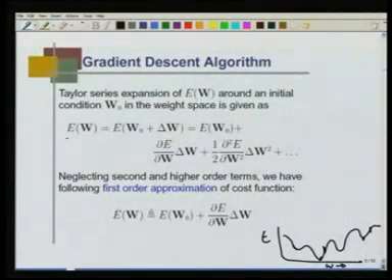So, what does gradient descent do? Let us think about the function that we are trying to minimize, E(W), the error function. If I expand this error function around W naught, some initial point, and do a Taylor series expansion, then you see E(W naught) plus del E by del W delta W at first order, then the second order term, del square E by del W square delta W whole square, and so on.